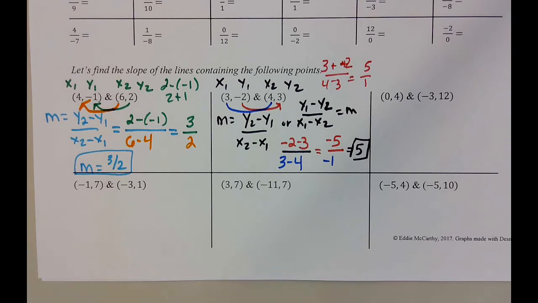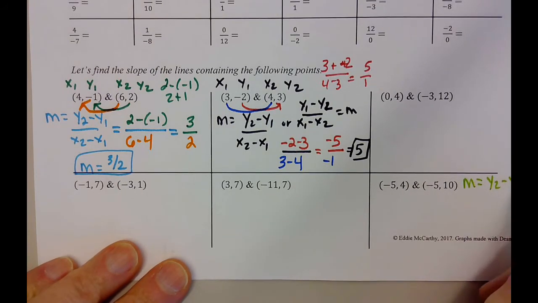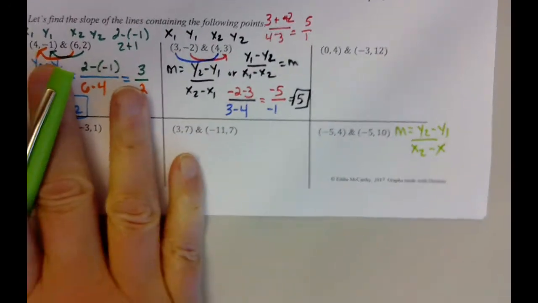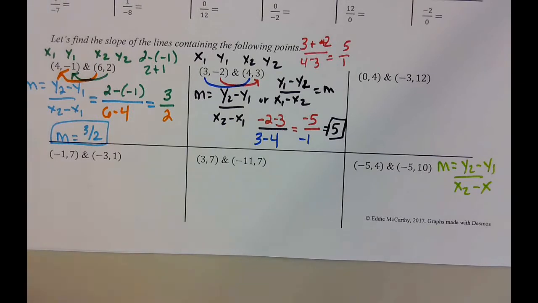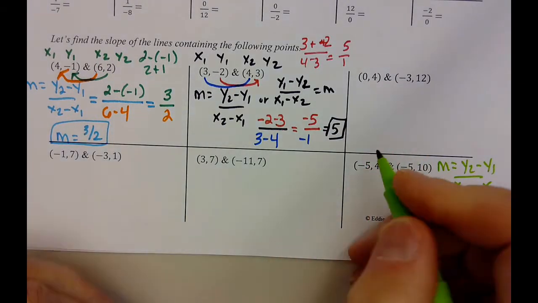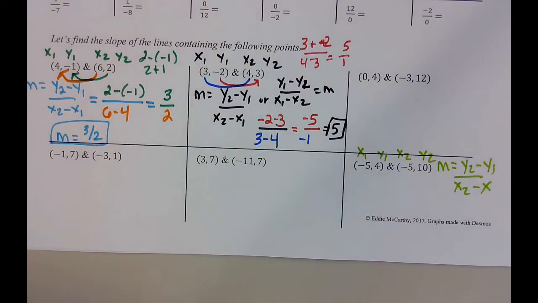Last one I want to show you is this one right down here. And so we're going to take y minus y, x minus x, difference in y's divided by the difference in x's. And so I'm going to take and label everything. And there's my labels.